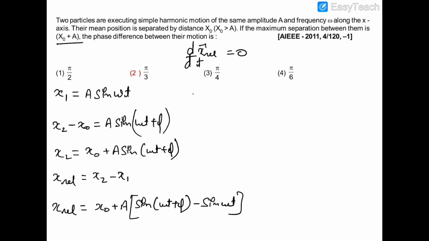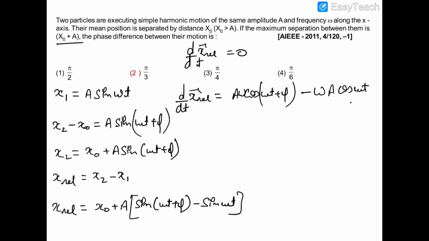So when we differentiate this x relative with respect to time, the differentiation of x0 would be 0, and this is A. I am writing dx relative by dt, so this is equal to A cos(omega t plus phi) into omega minus omega A cos omega t.